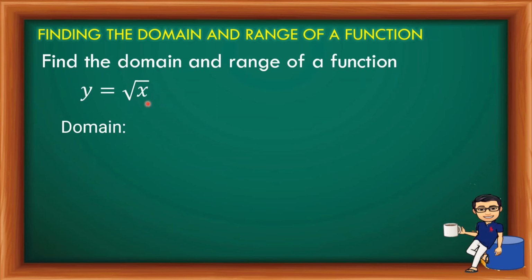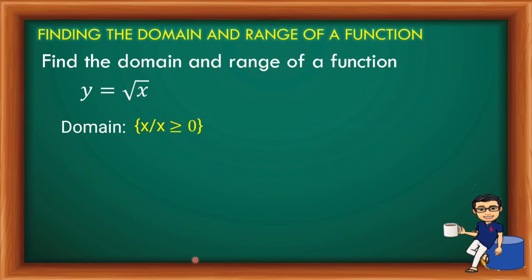Ang pwedeng ipalit sa x. Kaya ang pwedeng maging domain natin ay 0 pataas. Pwede ang equal to 0. Pwede rin ang mga number na greater than 0. Therefore, the domain such that x is greater than or equal to 0. Ulitin ko, yun lang ang pwedeng i-substitute doon.